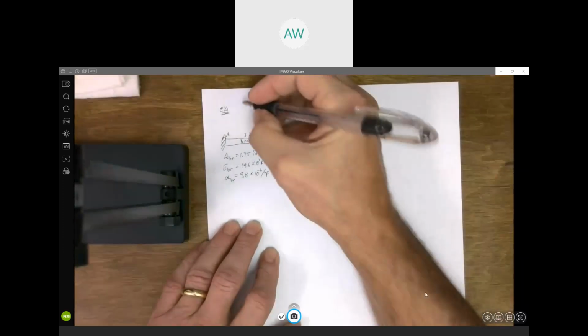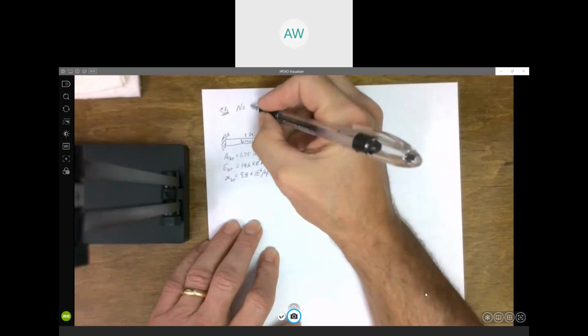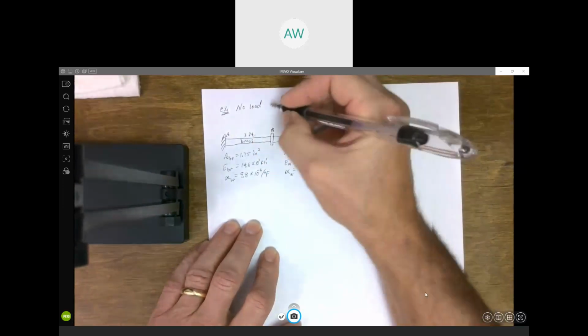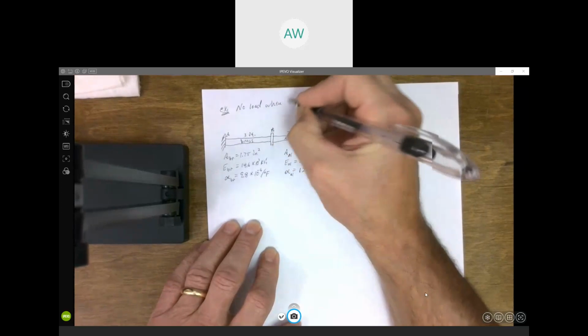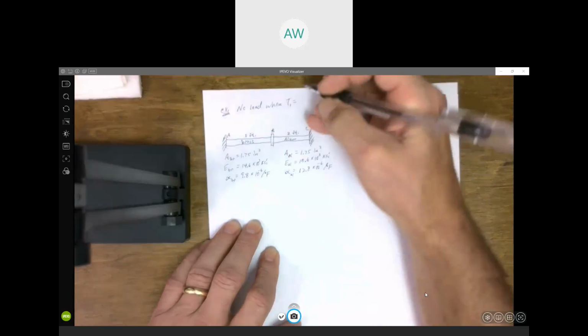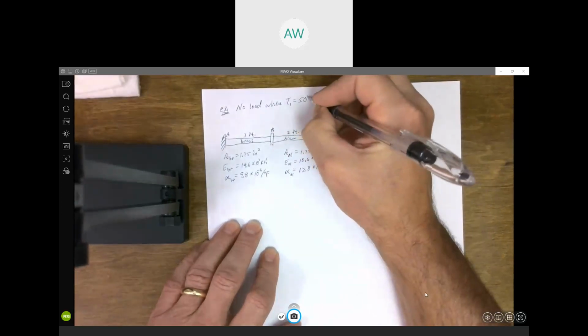So we're told that there is no load or force in this structure when, we'll call it T1, is 50 degrees Fahrenheit.